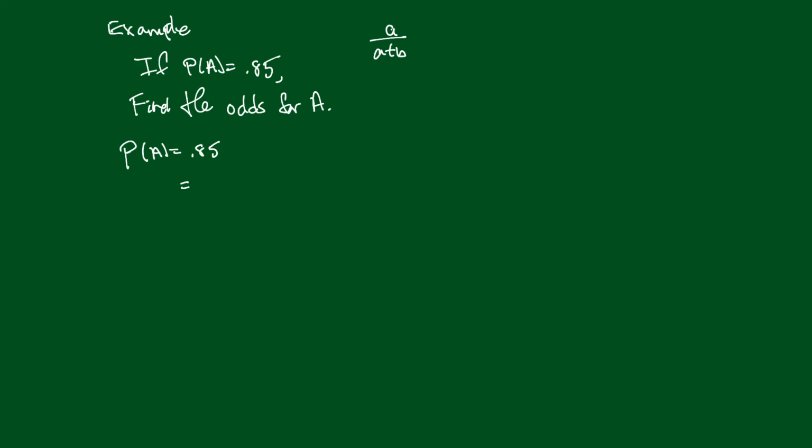It's 0.85. This is tenths, hundredths. This is 85 out of 100. Now, write it as odds. The top number is 85, and I want to break that bottom number down so that these two match. So I'm going to write an 85 here, and what else do I need to get to 100? 15.